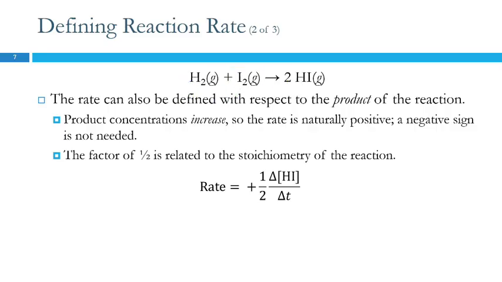But the reaction can only have one rate. We can't say, well, is this if you're talking about that, and is this if you're talking about that? No, it's one rate. And so we include the factor of 1/2 because of the stoichiometry. So the rate of the reaction is 1/2 the change in the product. And this 1/2 comes from that too.